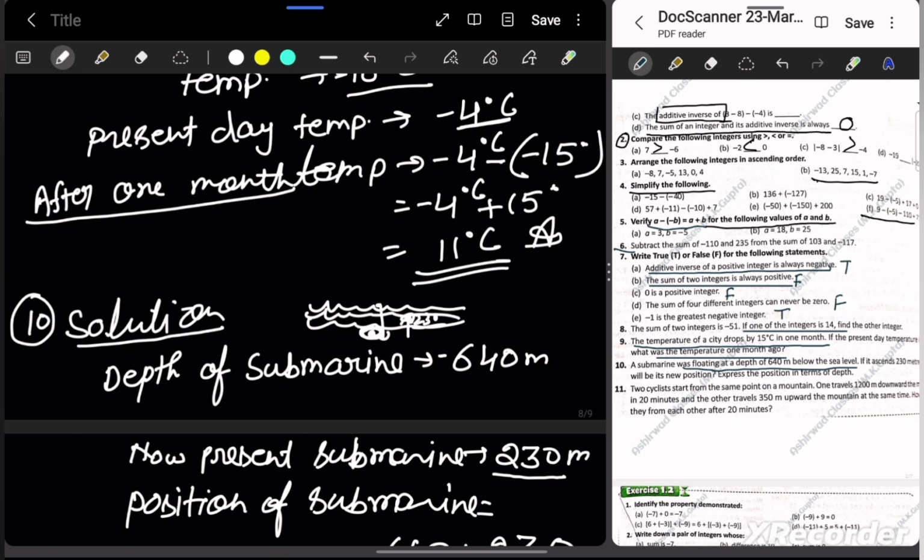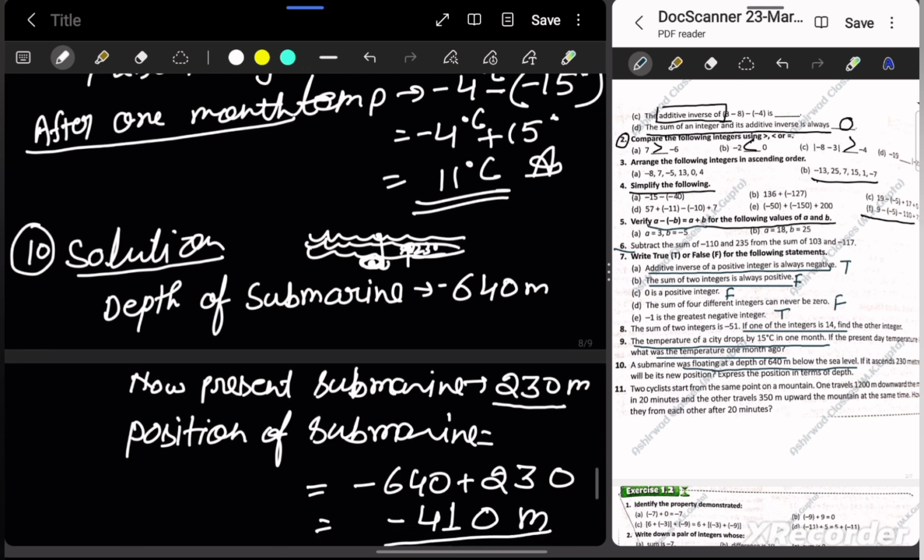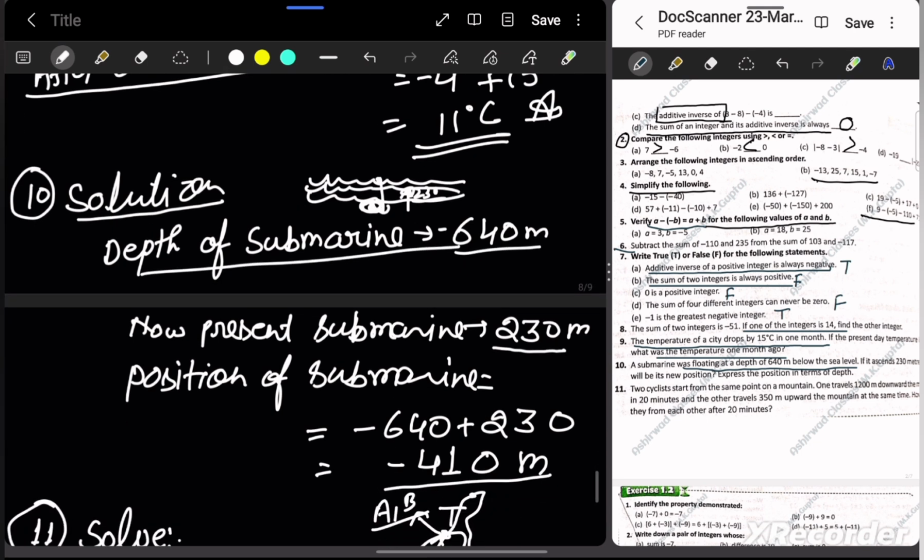Now question number 10. A submarine was floating at a depth of 640 meters below the sea level. Here, let the sea level be here and the submarine's present position here. Depth of submarine is minus 640. If it ascends 230 meters, meaning it went 230 meters upward, the new location is 230 meters up. The question asks to express the position in terms of depth.